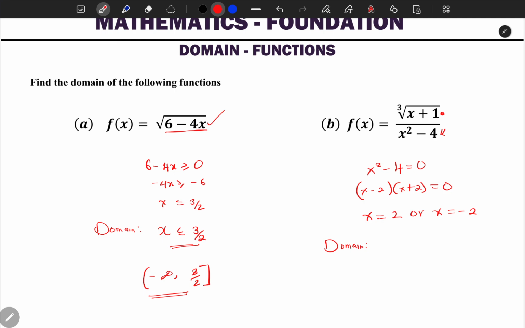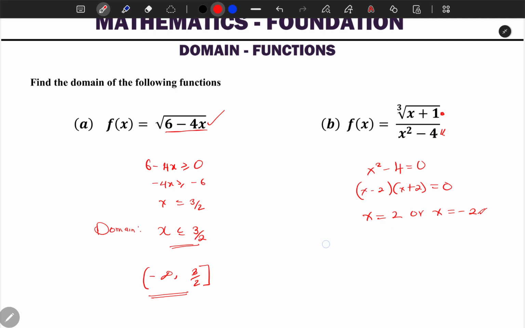The reason is this: if you put 2 here, you get 0, and 0 can't go into anything. So what does this mean?